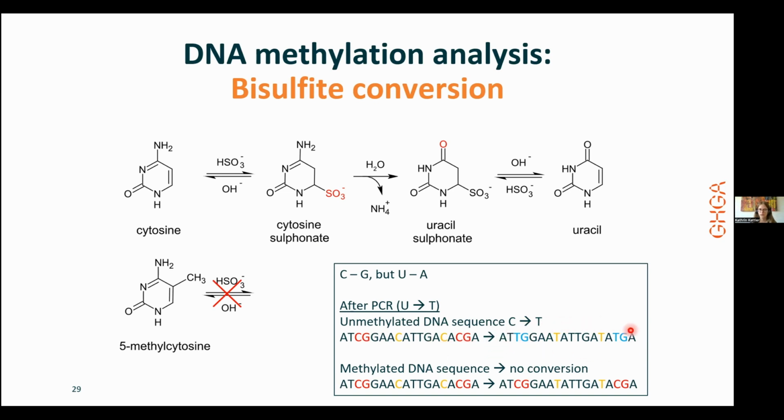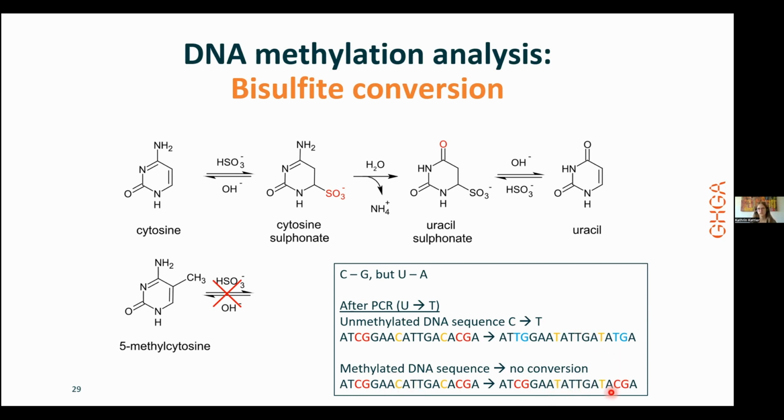So we have a completely altered DNA sequence of the bisulfite DNA. But if these CGs are methylated, only in the CG context, they will stay CGs. But the Cs which are not in a CG context are unmethylated, so they will be converted.